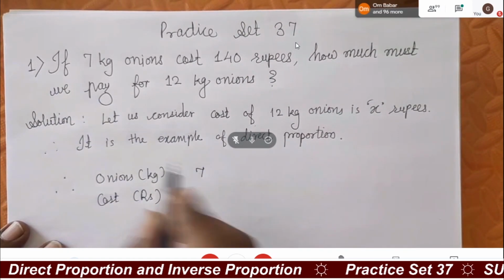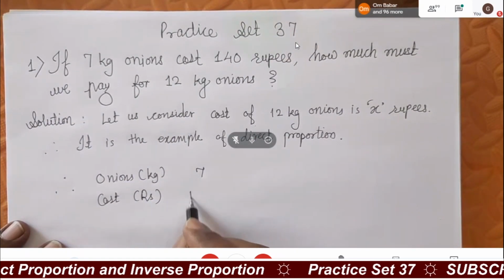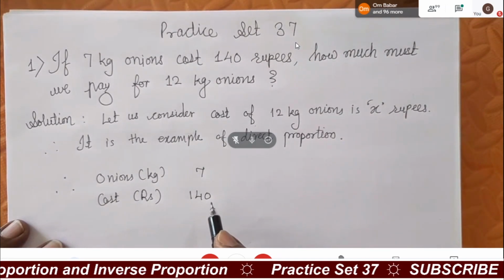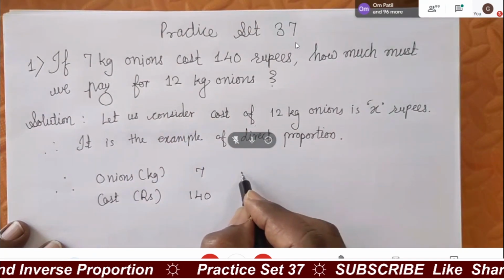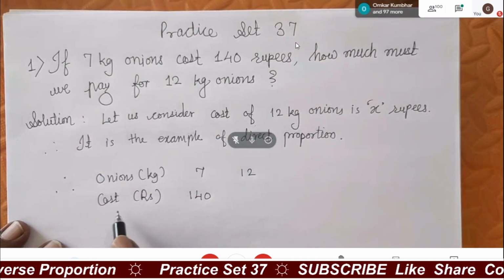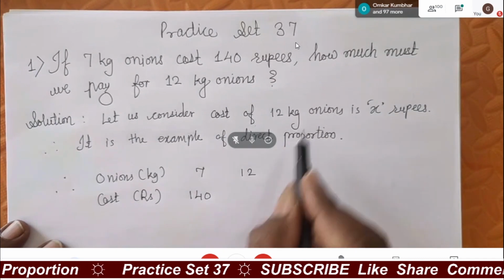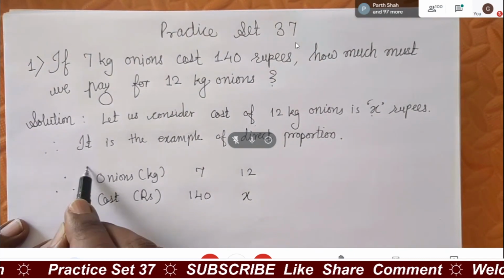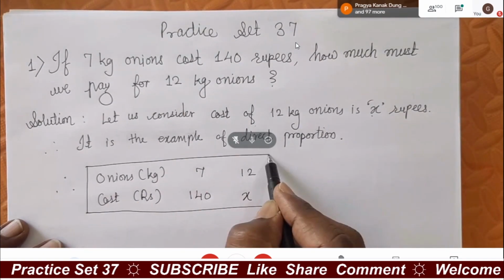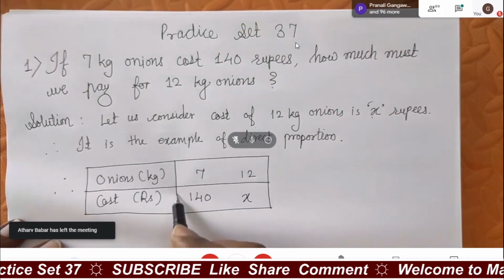First it was 7 kg, how many rupees? 140 rupees. And next, how many kilograms are given? 12 kg is given. And the cost of 12 kg we have considered x. So it will be easy and you will get a clear idea if you make a table like this.